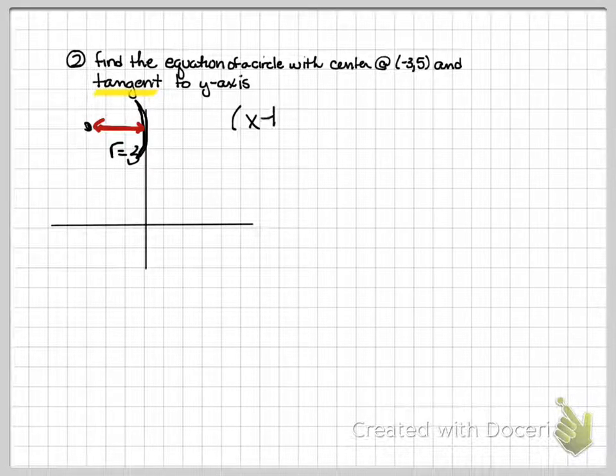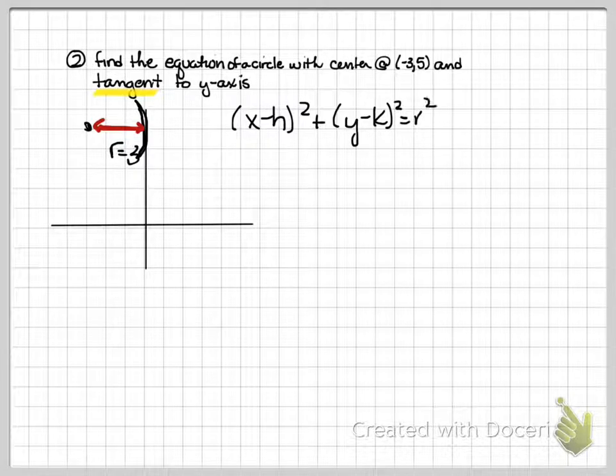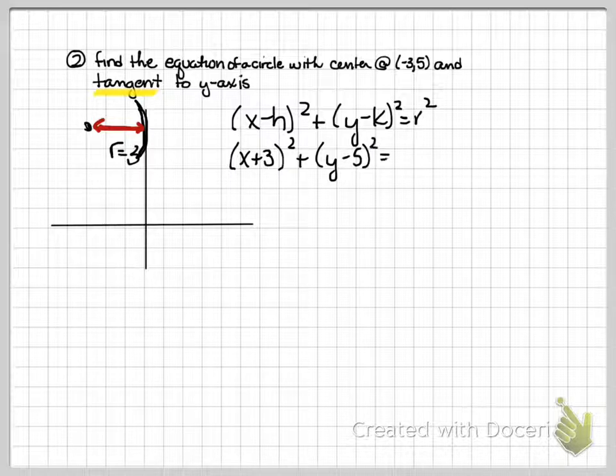So (x minus h) squared plus (y minus k) squared has to equal r squared. Substitute our values in, and I get (x plus 3) quantity squared, plus (y minus 5) quantity squared equals, and my radius was 3, so 3 squared is 9. Right? That's that entire problem. Let's move on to number 3.